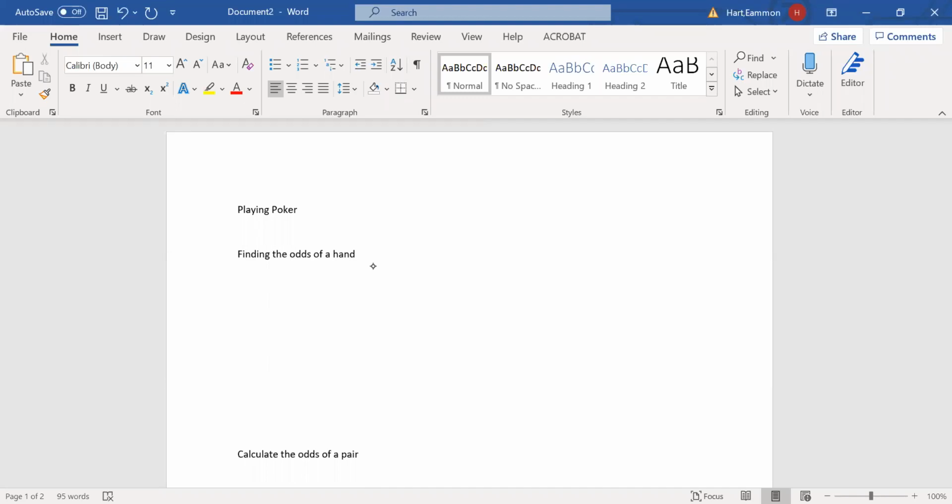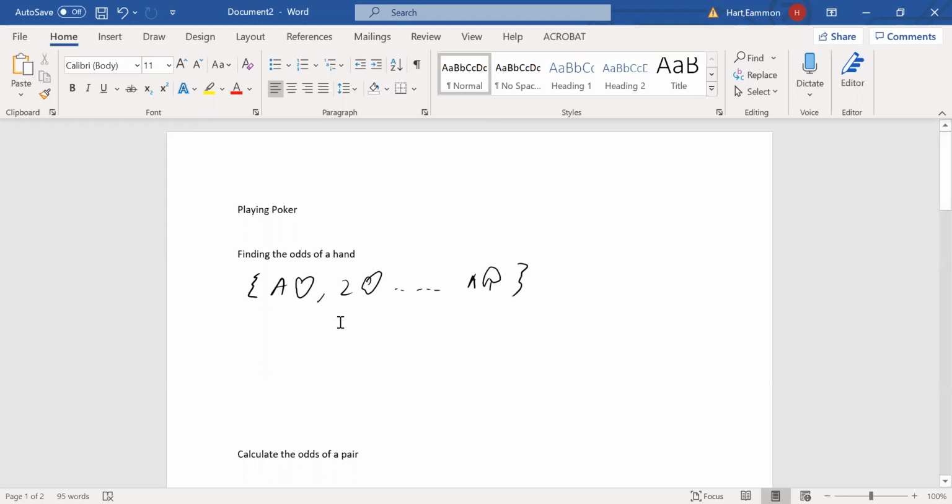Recall that we have the ace of hearts, the two of hearts, and so on, all the way down to the king of spades. This is 52 cards with 13 cards in each suit and 4 suits.